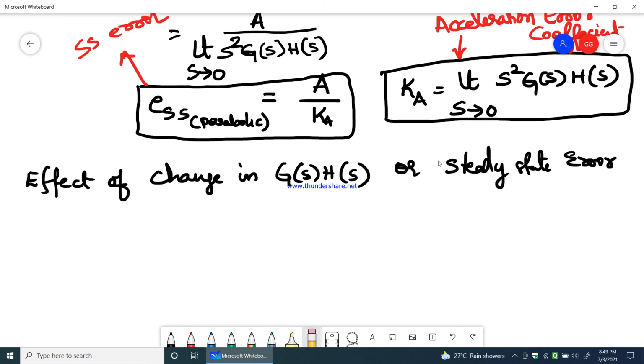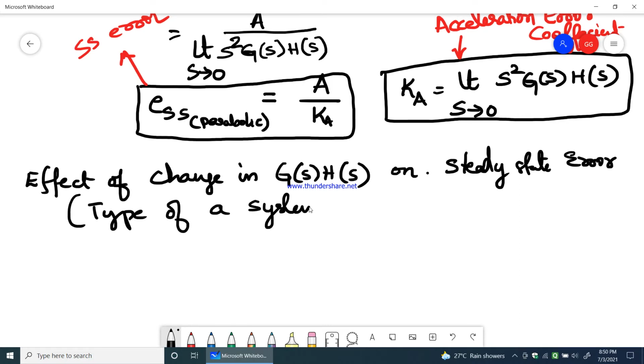The effect of change in g of s into h of s is nothing but we are going to see the type of a system. Let us see what is the type of a system.